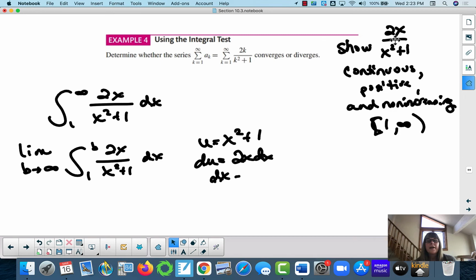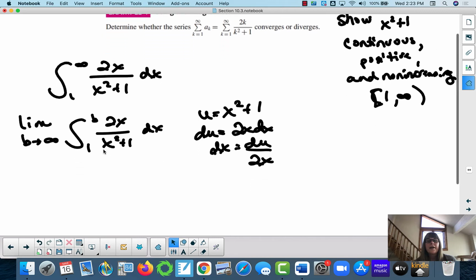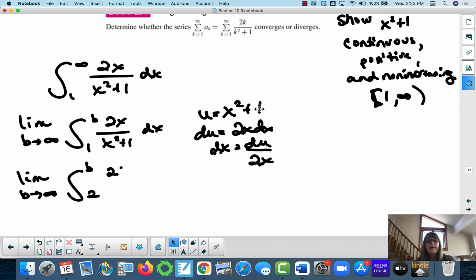So our dx is du over 2x. So just like we've always done with u substitution, we're going to substitute in, and I'm going to change the limits of integration. Because b is going to infinity, it's going to stay b, but when I plug 1 in for x here, I get 2. So now that changes that to 2.